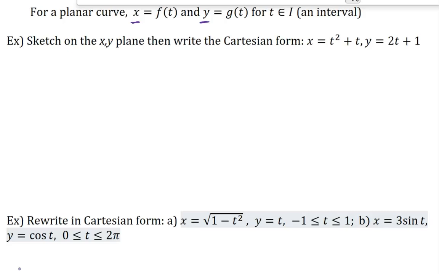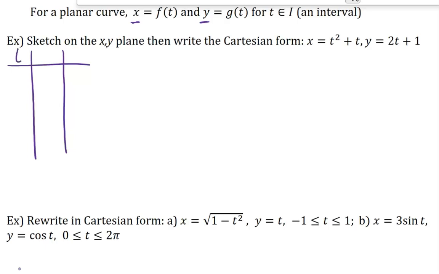All right, so to start this, let's make a t-chart, just like we did way back in early algebra or pre-algebra, where we would say x is equal to, and then take our standard -2, -1, 0, 1, 2, and then fill out what y is. We're going to do that, but our t values are going to be the control variable here.